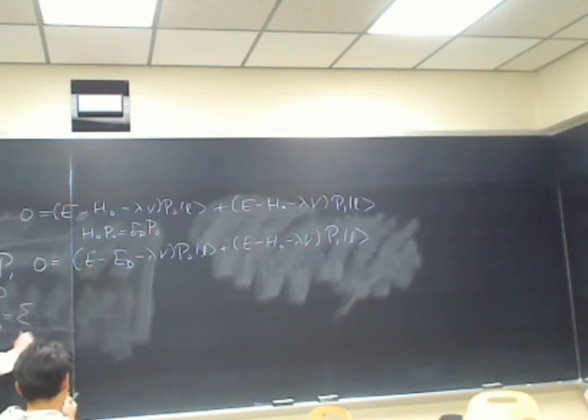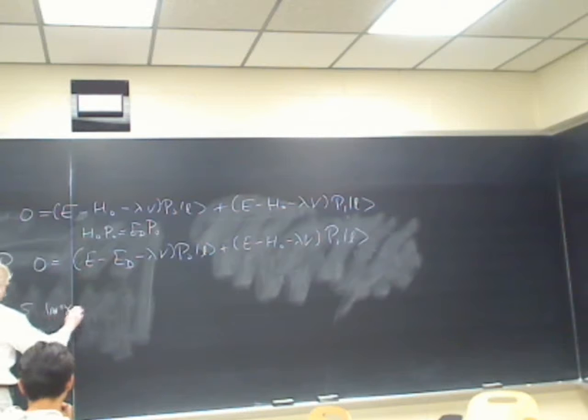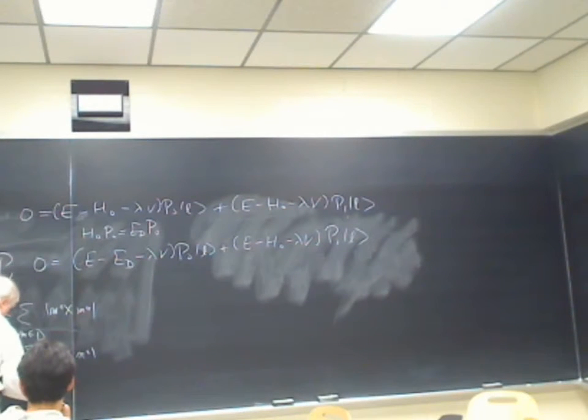P0 is the sum over m in the degenerate level, m0 cross m0, and P1 is the sum of all the other, let's say, n0 cross n0, not in this displaced energy level.